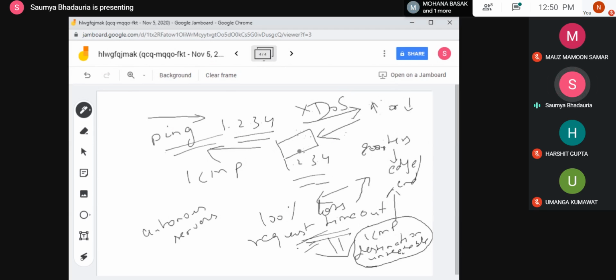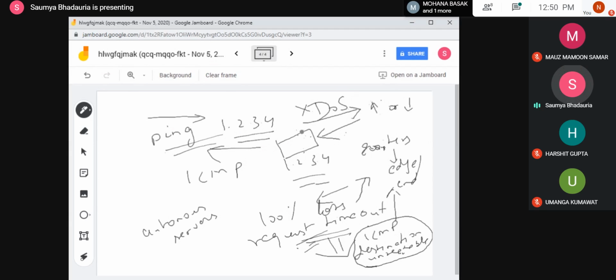But the reason of generation of this ICMP destination unreachable message can be multiple. It is not just that the server is not up or the system in which I'm sending the message or the network in which I'm sending the message doesn't have the host which you are targeting.